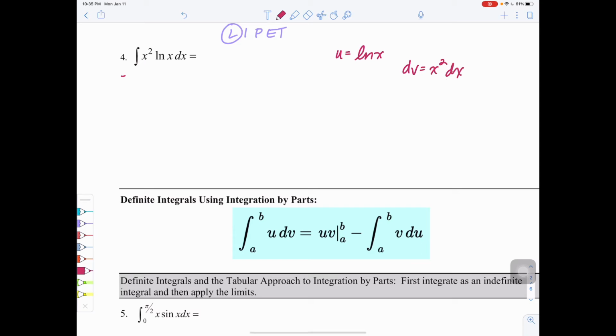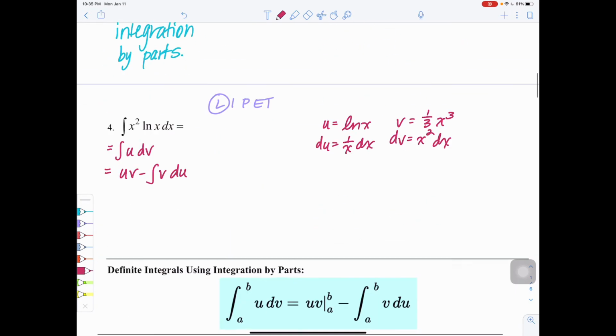So we now have the integral of u dv, and that integral is uv minus the integral of v du. So du is 1 over x dx. And for v, we need the antiderivative of x squared, which is 1/3 x cubed.